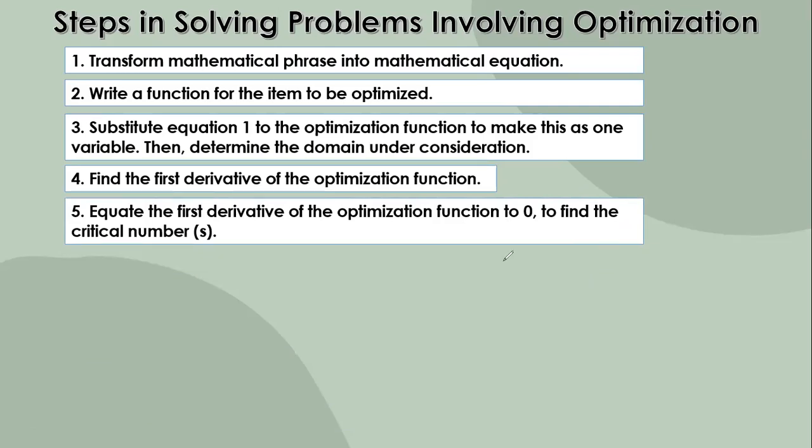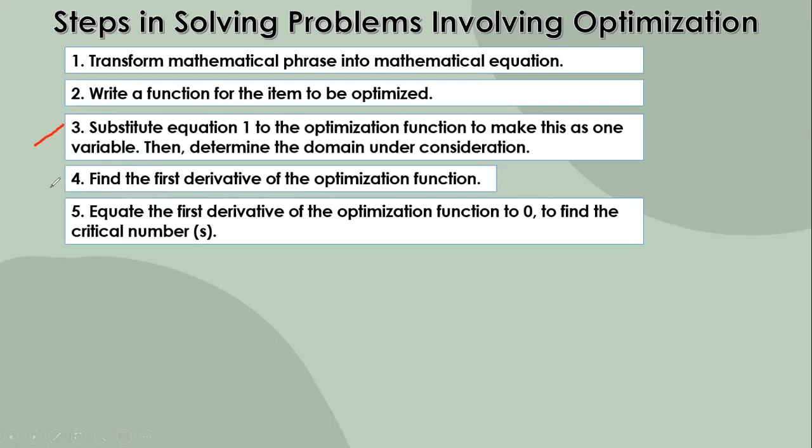So kung mapapansin natin, kung nabuo na natin yung ating function dito sa ating third step, yung step sa paghahanap ng maximum and minimum dun sa ating previous topic, yun na rin yung gagawin sa mga susunod after the third step.